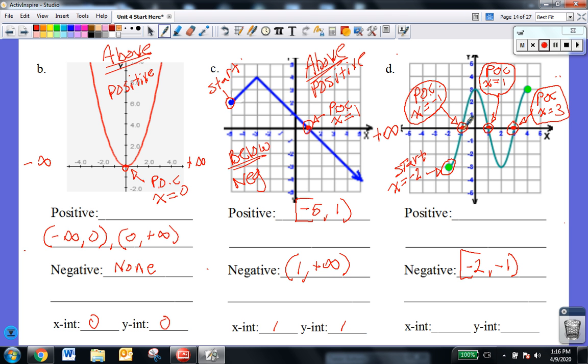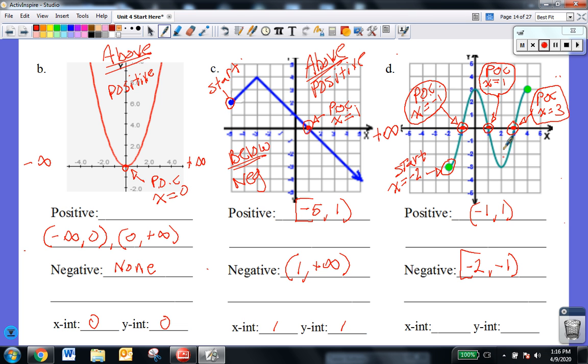Then the graph marches into the positive, above the x-axis. So from negative 1, it continues along to the next x-intercept of 1. So it's positive from negative 1 to positive 1, and both of these are points of change, so they'll get round brackets.